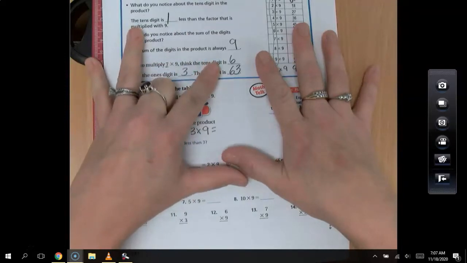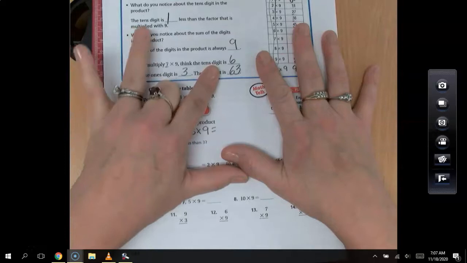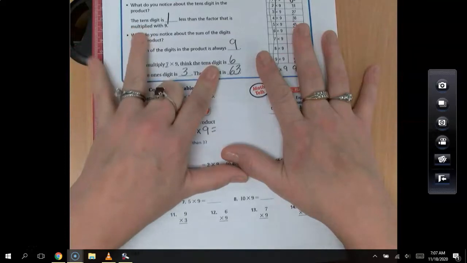Now, you have to say, how many fingers do I have on the left side of my stop sign? Remember, my stop sign is my finger that's down. How many fingers do you see on the left side of my stop sign? 2. You only see 2.